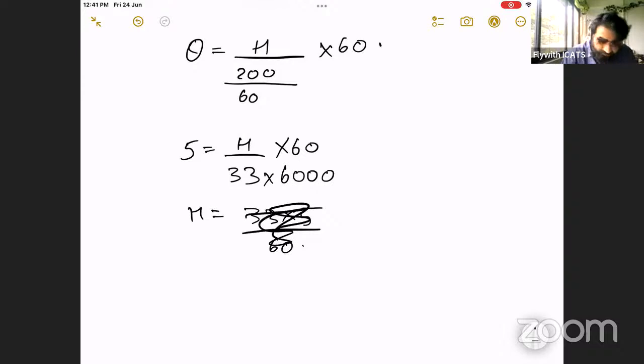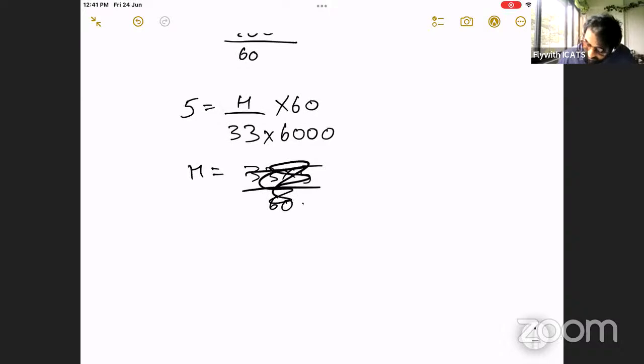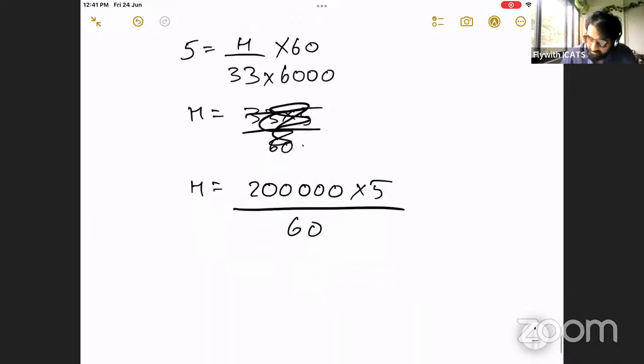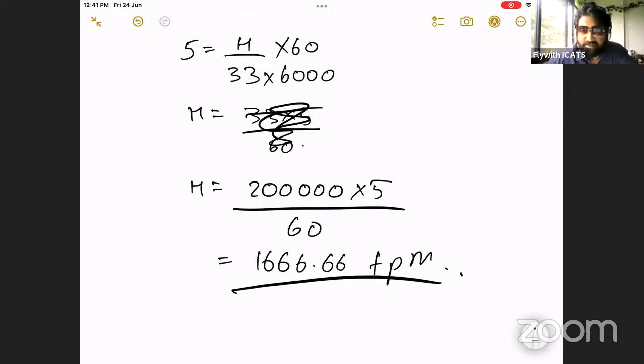Only then we'll get it. h is equal to 200,000 into 5 divided by 60, which is 1666.66 feet per minute. So here you would not get the correct answer.